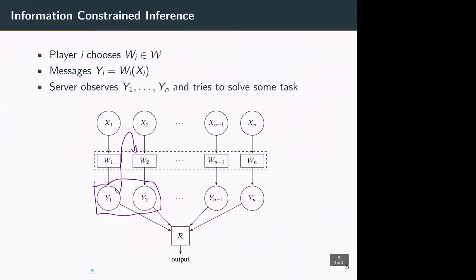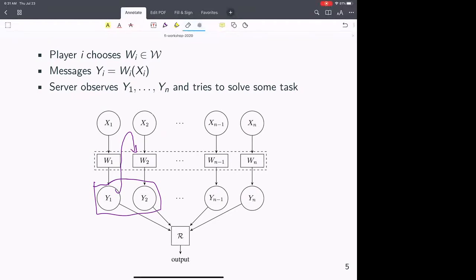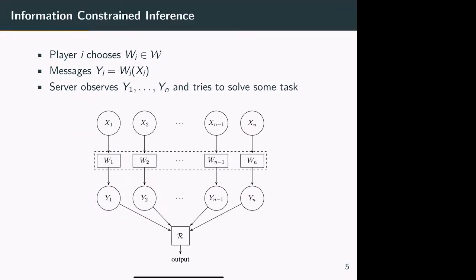So what is the setting that we have? The framework we consider is that at each step, player i is going to choose a channel W_i, which belongs to script W, which belongs to the family of channels, and then passes its own sample through this channel to observe some Y_i, and this Y_i is sent to the server.